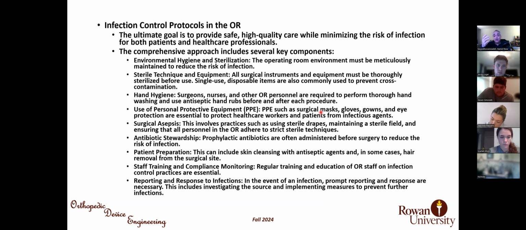This safety is not only because of the patient. The safety is for all the people who are in the operating room: the patient, the personnel, the surgeon, the students, for everybody. So the rules must be respected.